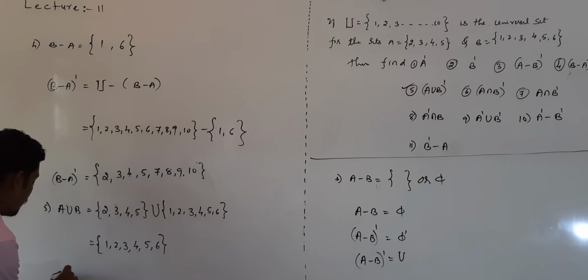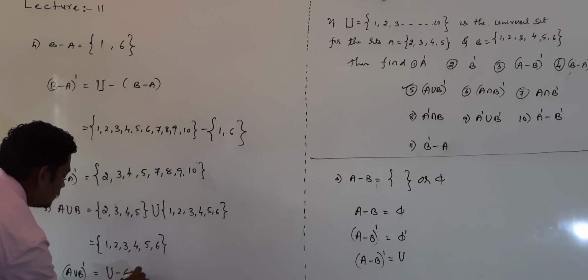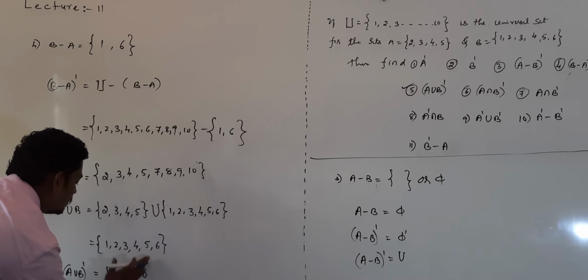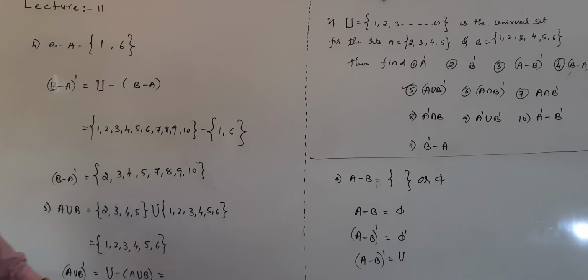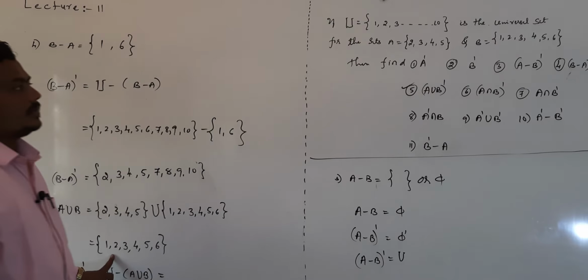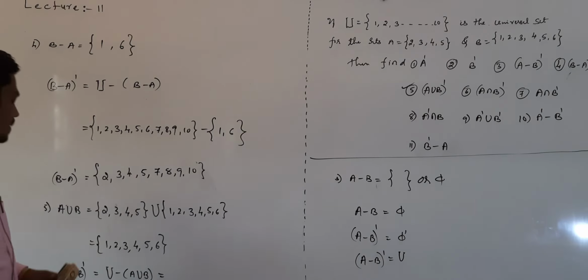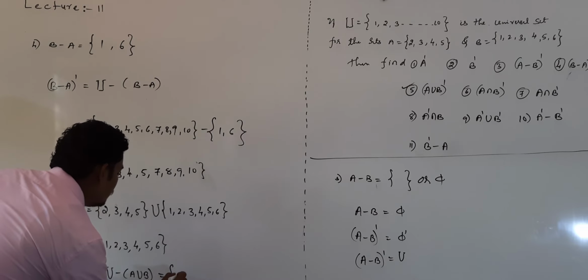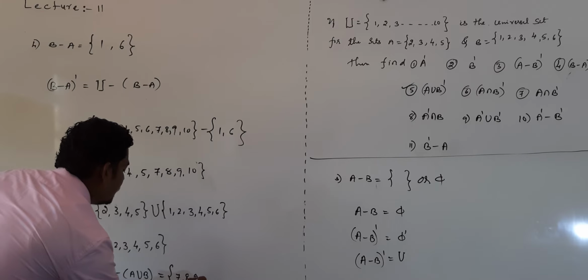But we need A union B whole complement. That's equal to U minus A union B. U is 1 to 10, so U minus A union B is 7, 8, 9 and 10.